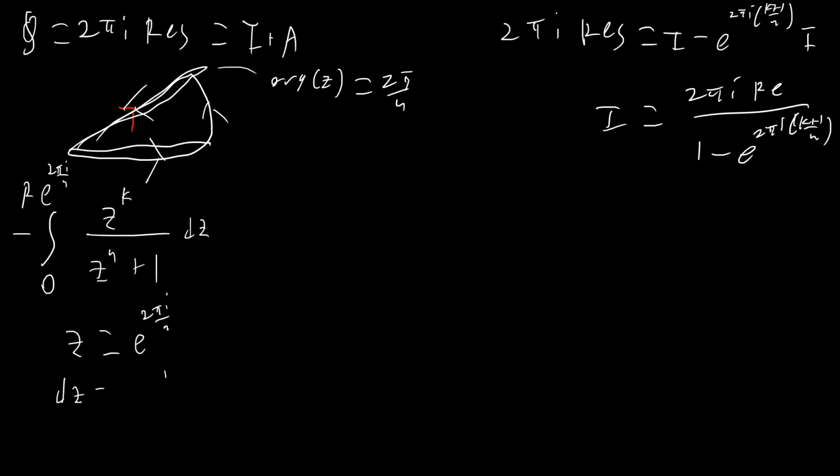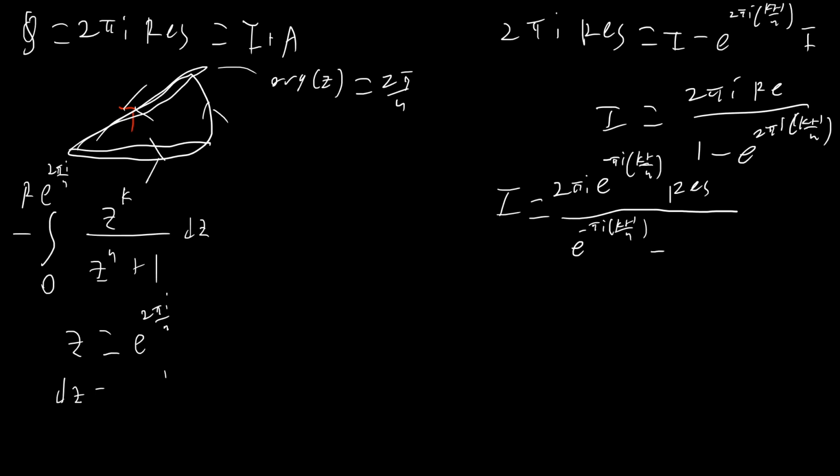And we're going to end up with I equals 2 pi i e to the pi i (k plus 1) over n times the residues over, we're going to multiply actually by negative that, so we'll do a negative right there, e to the pi i (k plus 1) over n minus e to the negative pi i (k plus 1) over n.